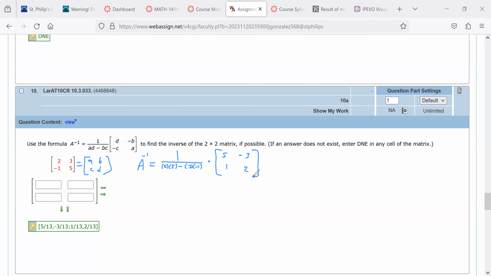Multiply this matrix times this, what's it called? Scalar. That would be 10 minus -3.